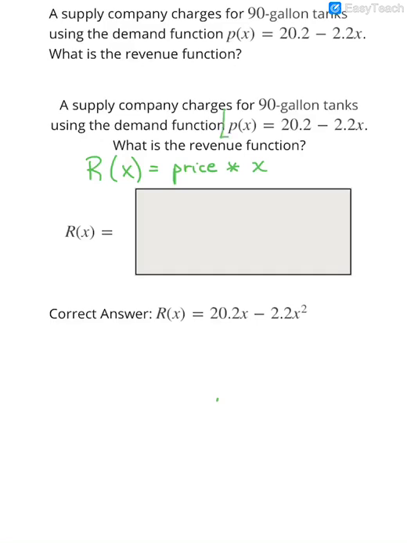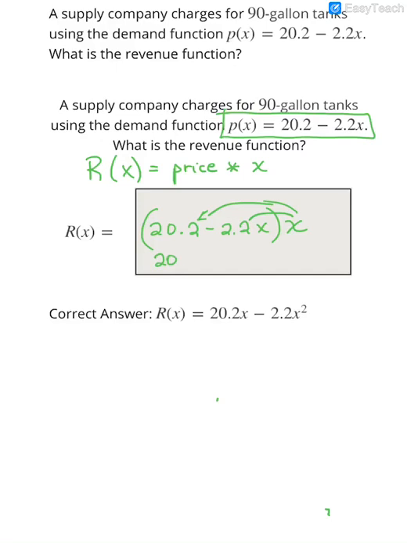So if we take 20.2 minus 2.2 times x and multiply by our quantity of x, when I distribute that x, I end up with 20.2 times x minus 2.2 times x squared.